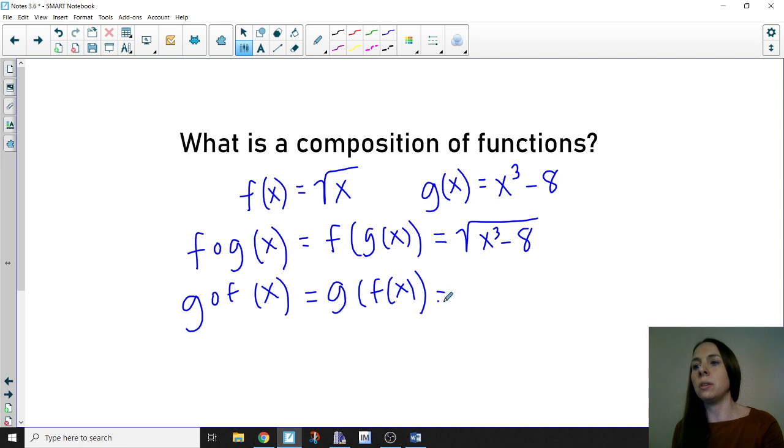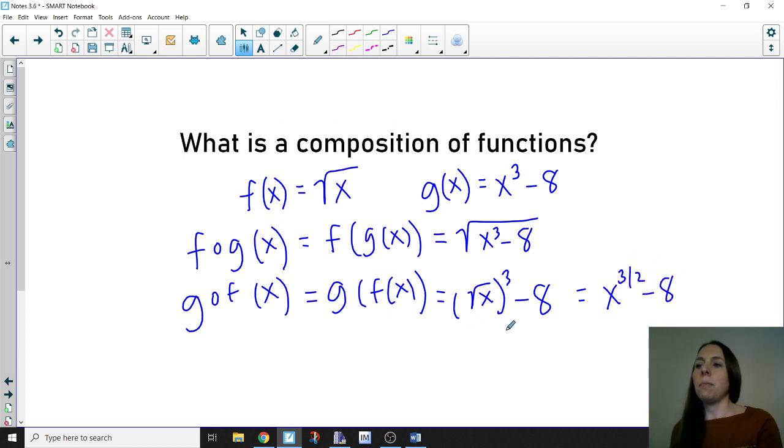So that would look like this: the square root of x cubed minus 8, which could be simplified a little bit to what? x to the 3 halves power minus 8.